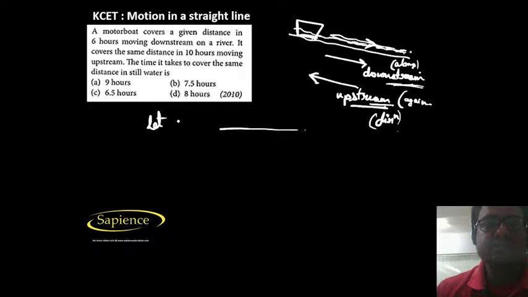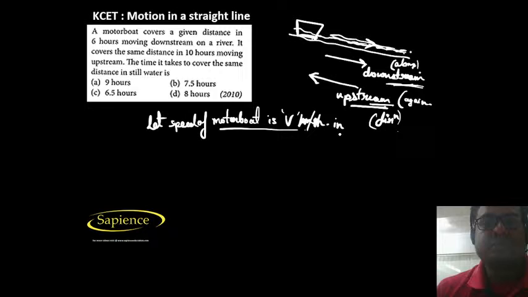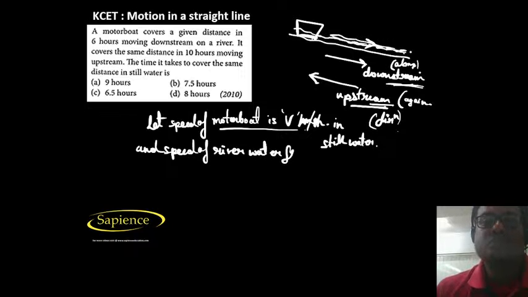So let the speed of the motor boat in still water be v meter per second or v kilometer per hour, and let the speed of the river water flow be u kilometer per hour, suppose.